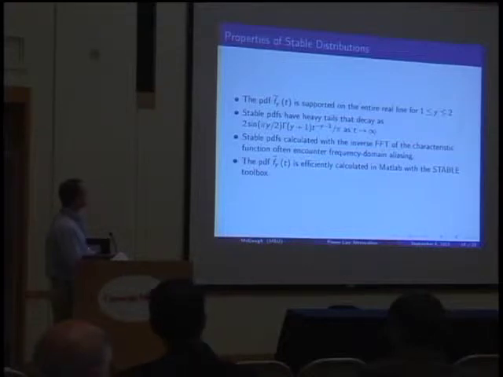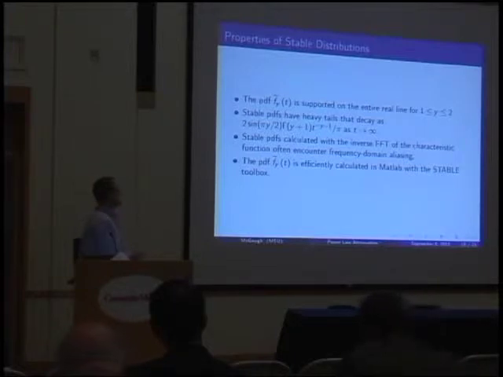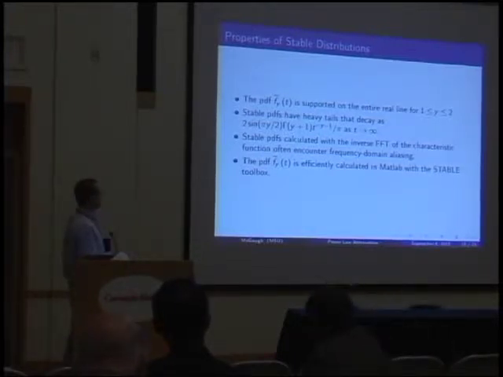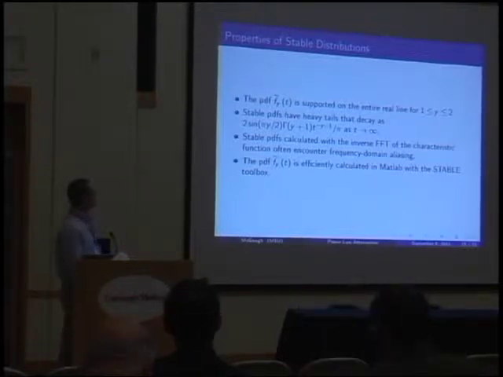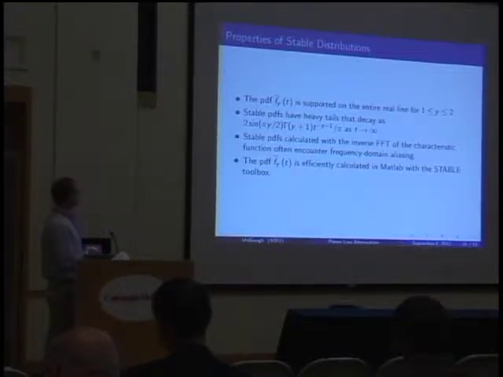What is more of a big deal for numerical calculation is the fact that these stable PDFs have heavy tails. So these heavy tails mean that these stable PDFs decay very slowly. The dominant term is this t to the minus y minus 1 power. And what this means is that relative to an exponential function, this PDF decays relatively slowly. We'll see evidence of that in just a minute.